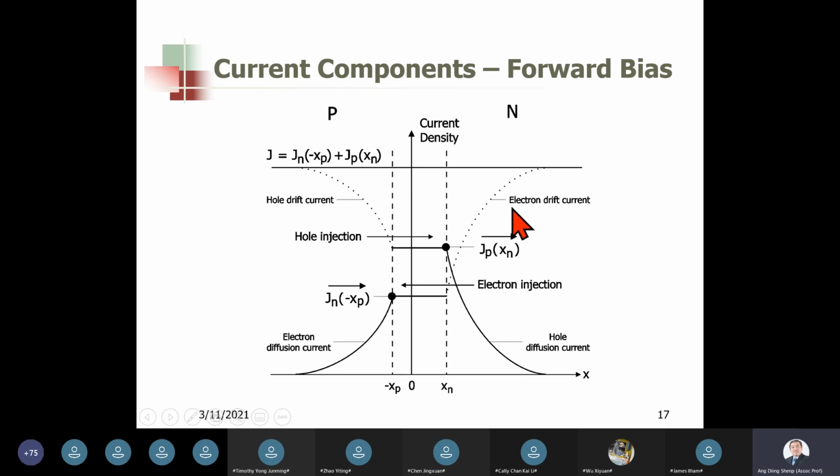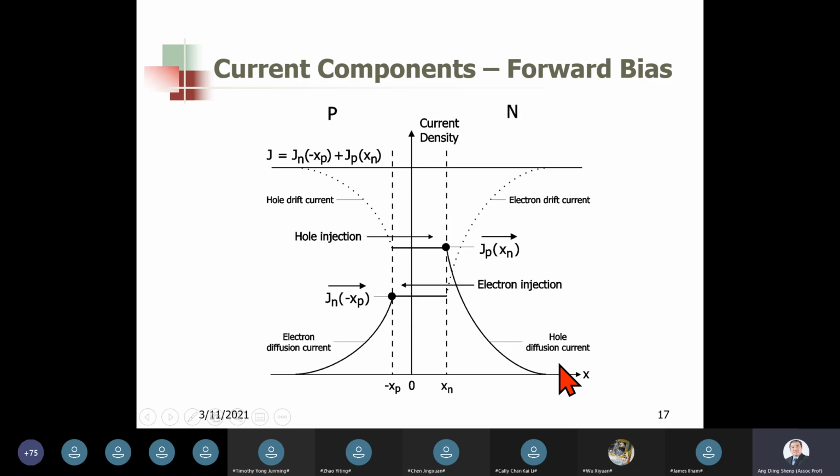Similarly, when electrons are injected from the N to the P, as the electrons cross the space charge region, no recombination happens. In other words, recombination of the minority carriers only starts when they enter the opposite quasi-neutral region. For example, when holes get into the quasi-neutral N region, recombination starts, which accounts for the decrease in the diffusion current as a function of distance.